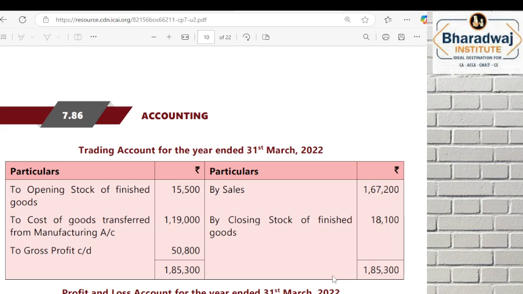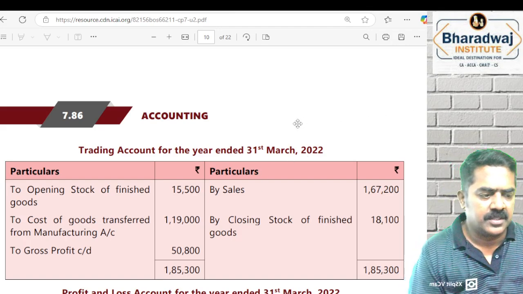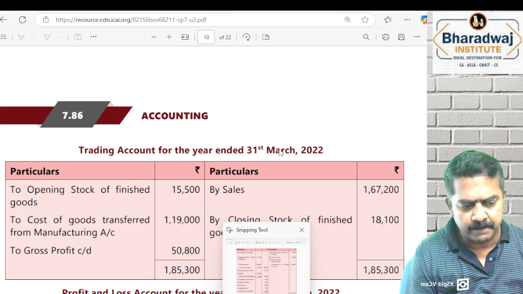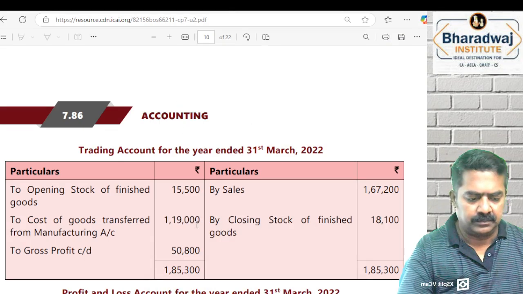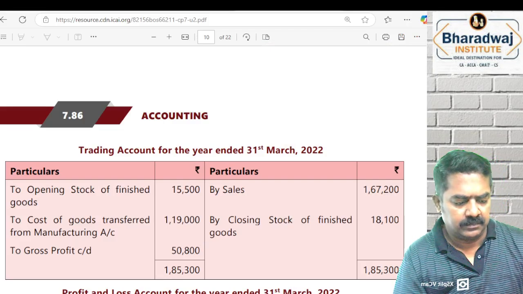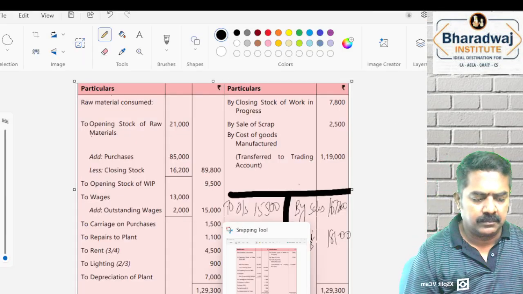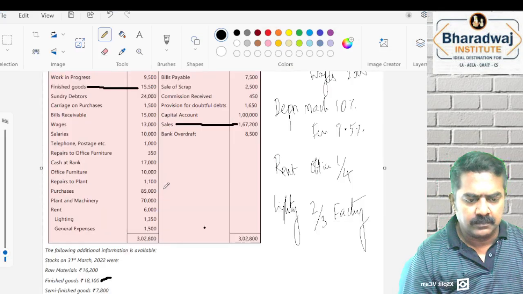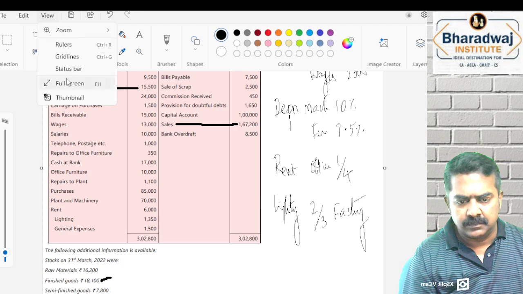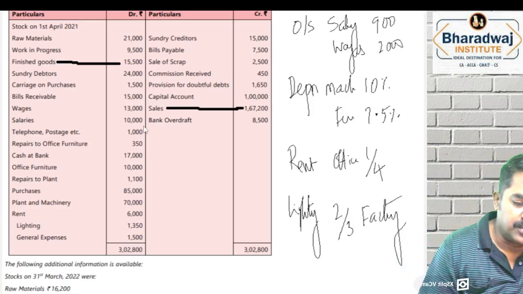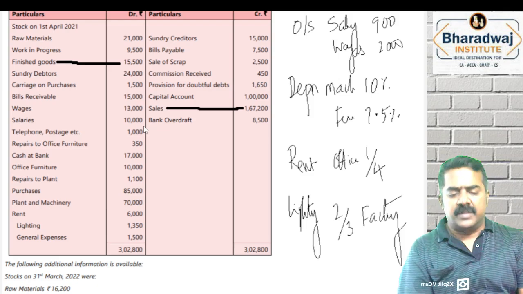Charge all the indirect expenses. Finished goods value 7,800 we have already done. Okay, do the P&L account next.